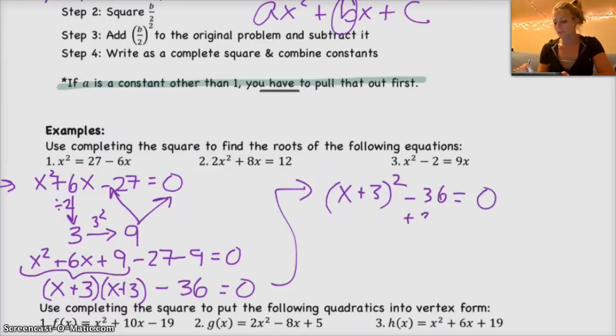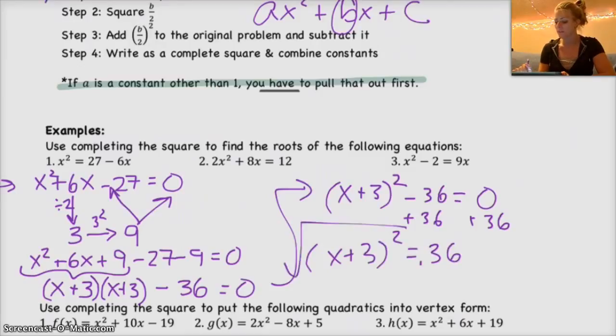I'm going to add 36 to both sides, and I get x plus 3 squared equals 36. Take the square root of both sides, and then I have x plus 3 equals, remember I took the square root of both sides, so it's plus or minus square root of 36, which is 6. So I end up with, I want to subtract 3 from both sides.